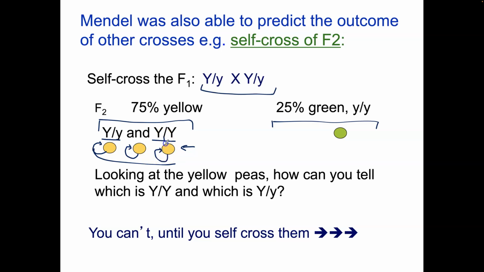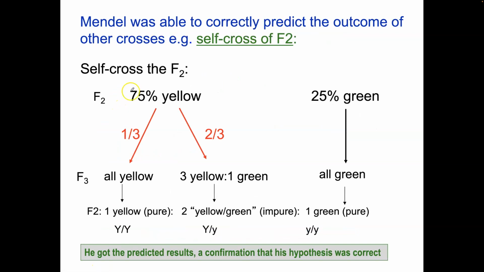And the ones that are homozygous are going to be pure breeding. All the progeny will be yellow, but for the ones that are heterozygous, you're going to end up with a 3-to-1 ratio. Okay, so that would be the prediction. And that's basically what he saw.